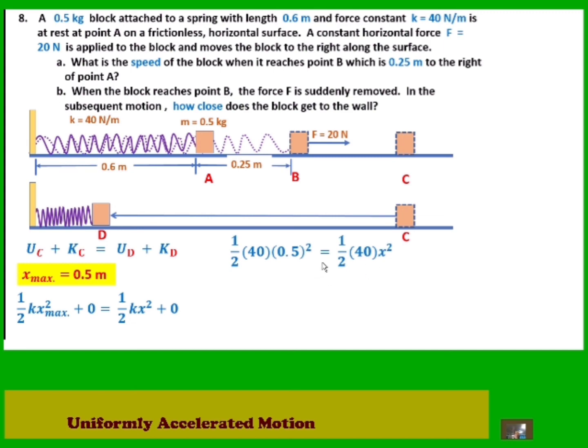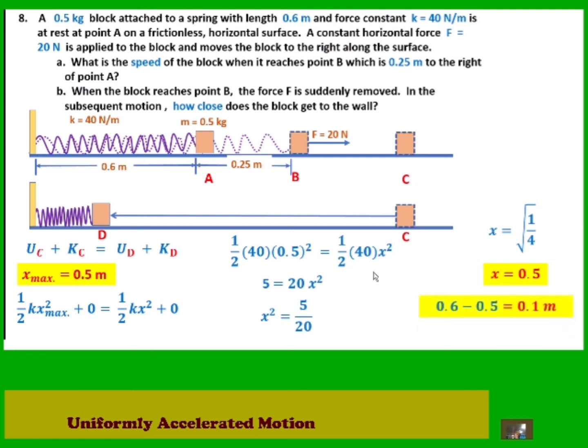So we are going to solve for x in this equation. Simplifying and dividing both sides of the equation by 20 and extracting the square root on both sides, the value of x is 0.5 meter. This is 0.5 meter. Meaning, from point A towards the wall is 0.5.